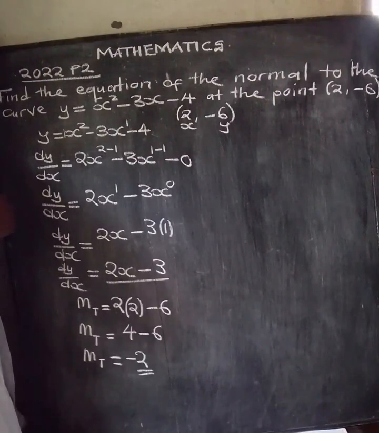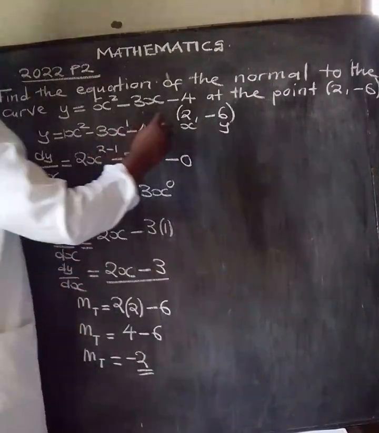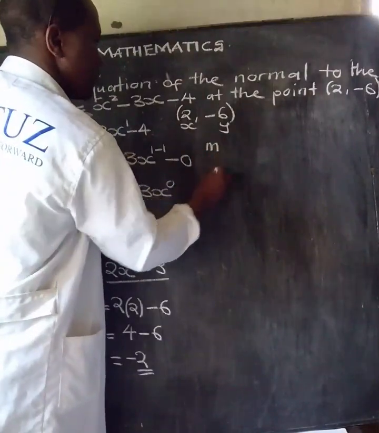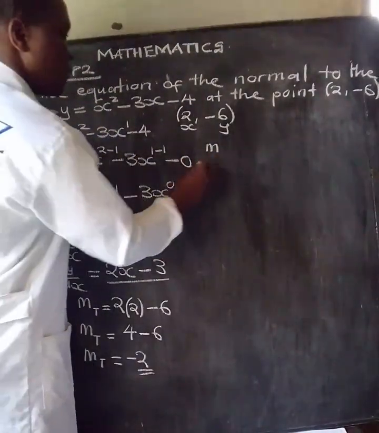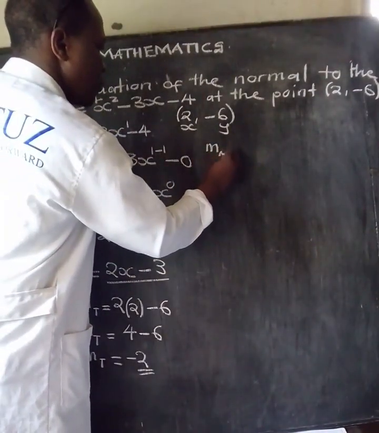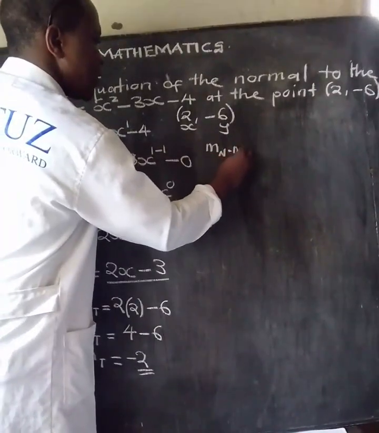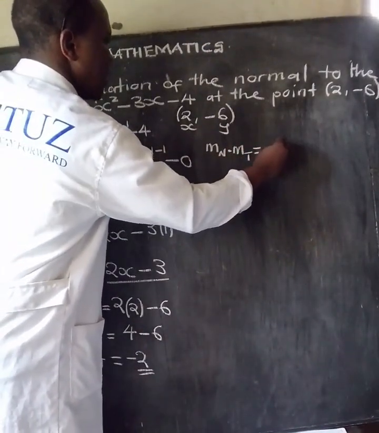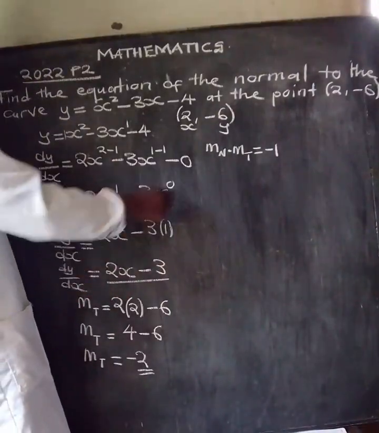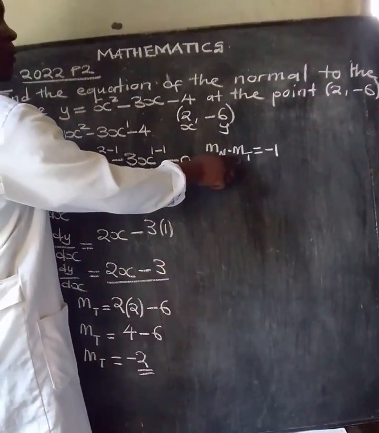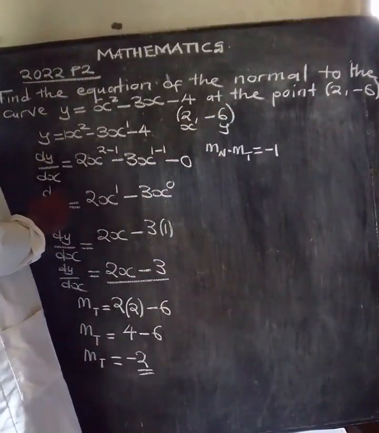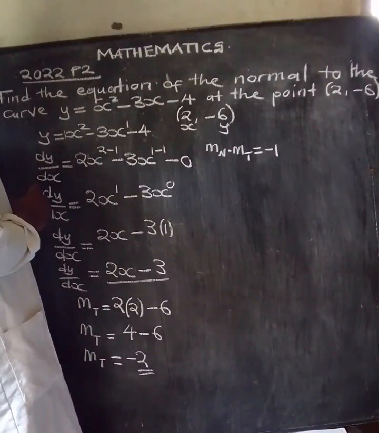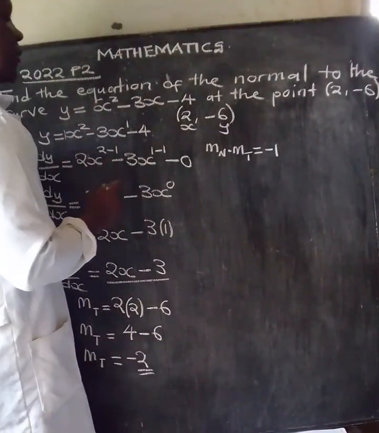So gradient of the normal, you say, gradient of the normal, we know that gradient of the normal multiplied by gradient of the tangent is equal to negative 1. So in this case, we are going to substitute.